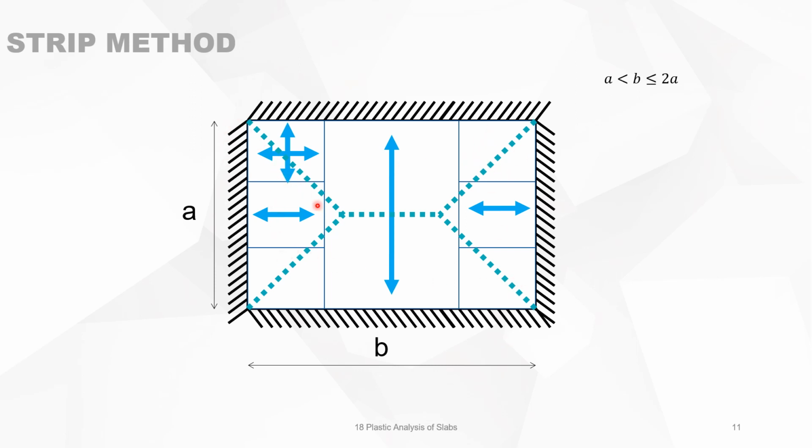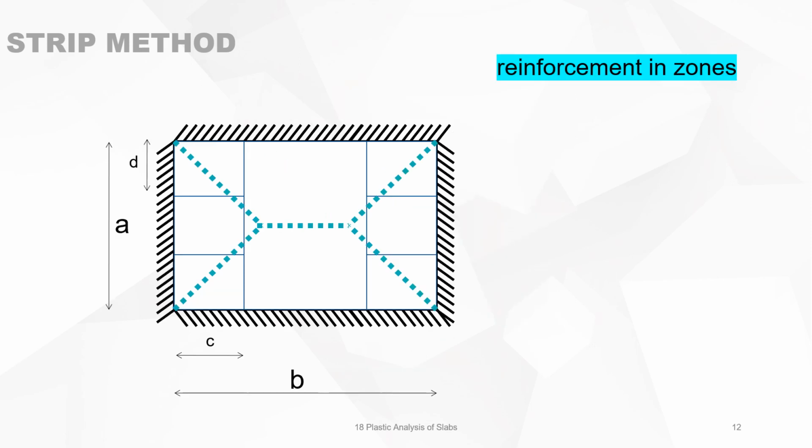If you look at the strip at the yield line, you will see this. This means that now we have zones or strips in the slab where we can calculate the bending moment and the reinforcement, and we place the reinforcement in those strips. So that's why it's called the strip method. It's reinforcement in zones.